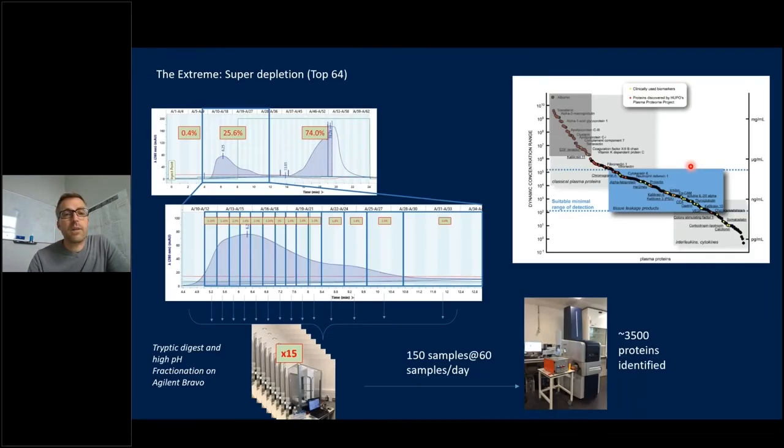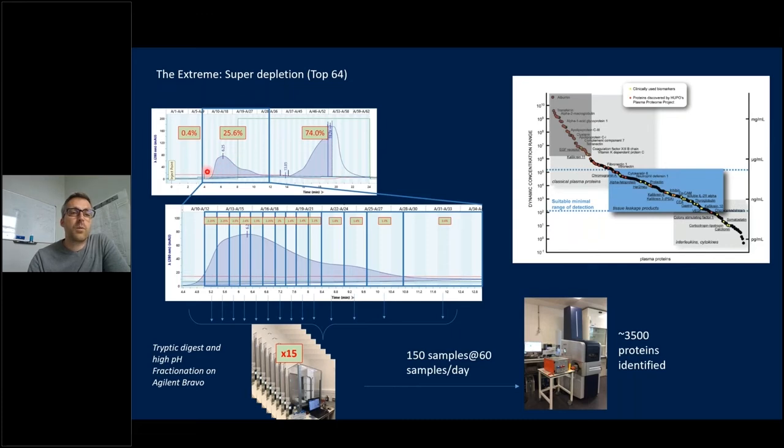So here's one of these extremes, the top 64 depleted sample, and this is driving it much further to maximize protein identifications. As I mentioned, we have a column which contains 50 antibodies against these 50 proteins that are very abundant in plasma, and everything that is not these 50 proteins will elute with the void volume of the column when you hook it up to an HPLC or FPLC in this case.